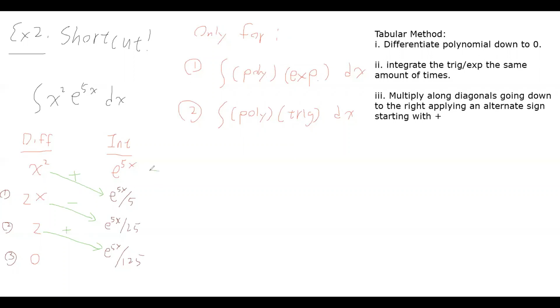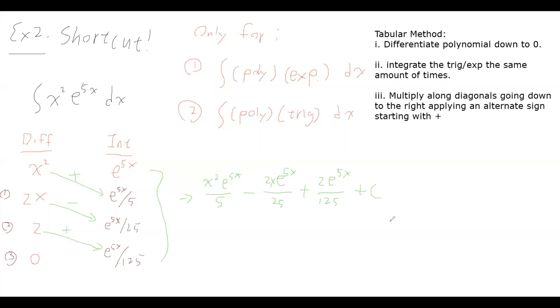So with everything in here, first x squared times this, we have x squared e to the 5x over 5, and the next is negative, so minus 2x e to the 5x over 25, and then the last one is plus, so plus 2 e to the 5x over 125, and that's it. And then don't forget your plus c.